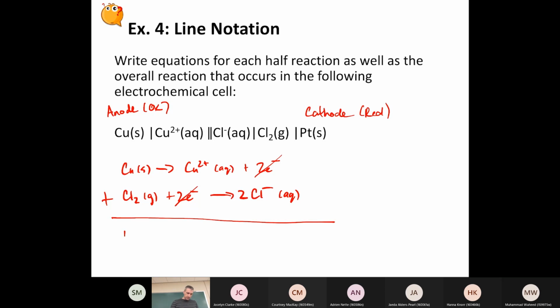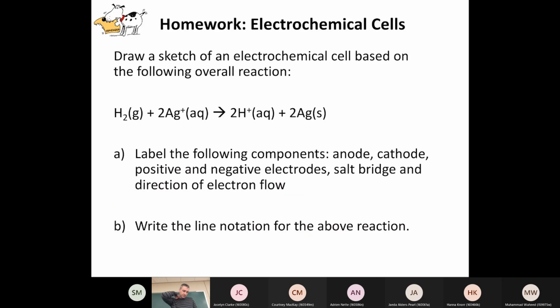So this just becomes Cu solid plus Cl2 gas goes to Cu2 plus aq plus 2 Cl minus aq. Cool. Everyone's happy? Wonderful.